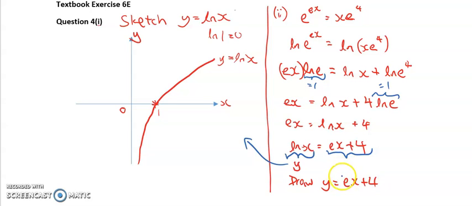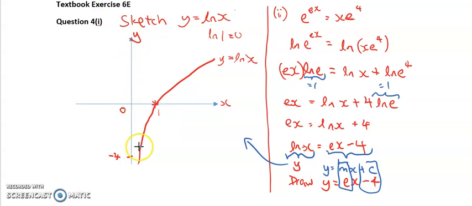This is a straight line because it takes the form y equals mx plus c. m is our gradient and c is minus 4, because I shift plus 4 to the other side. c is my y-intercept, so I'll have minus 4 here and draw a straight line.